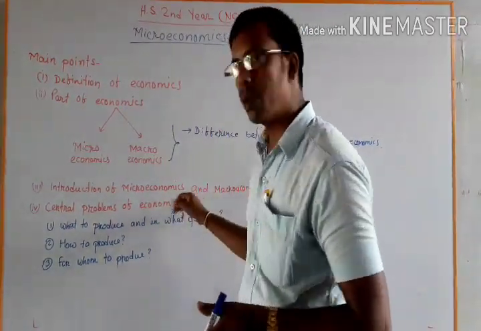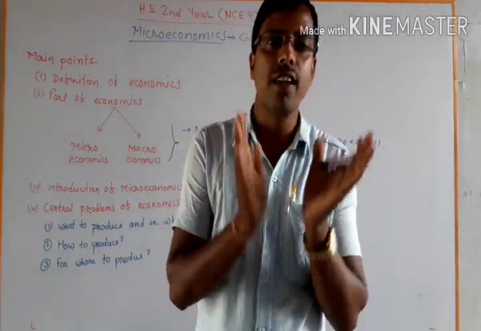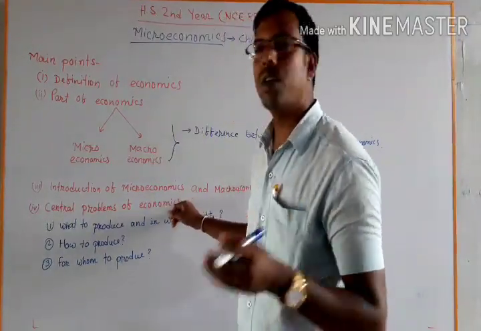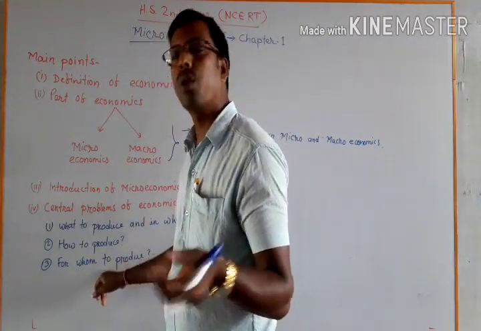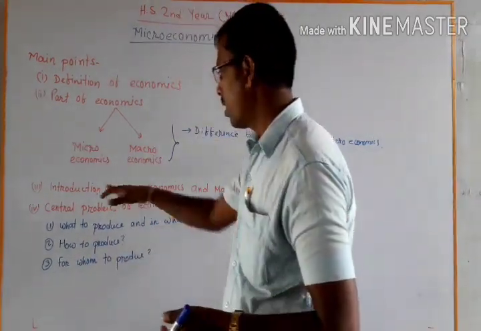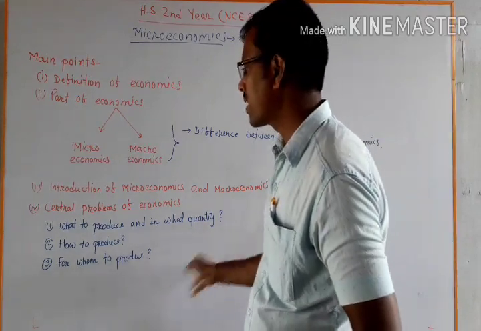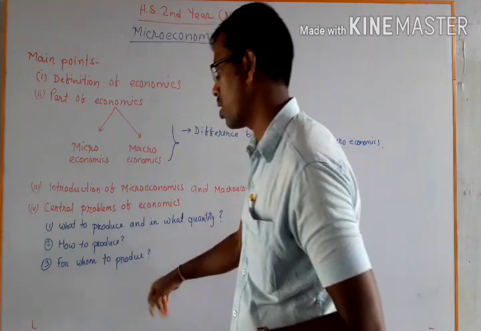So to fulfill our wants with the scarce or limited resources, we have to study the following problems which arise. The first one is what to produce and in what quantity. Second one is how to produce, and third one is for whom to produce.